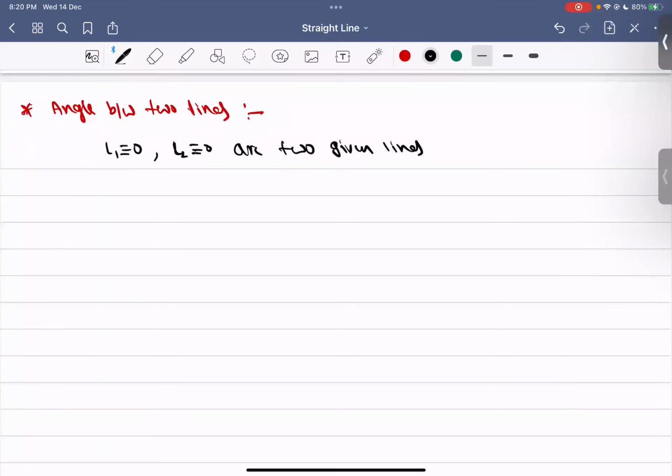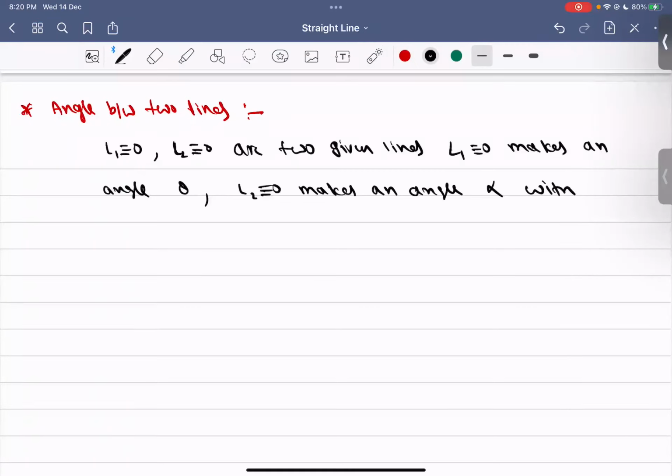L1 = 0 makes an angle theta with the positive direction of the x-axis, and L2 = 0 makes an angle alpha with the positive direction of the x-axis.